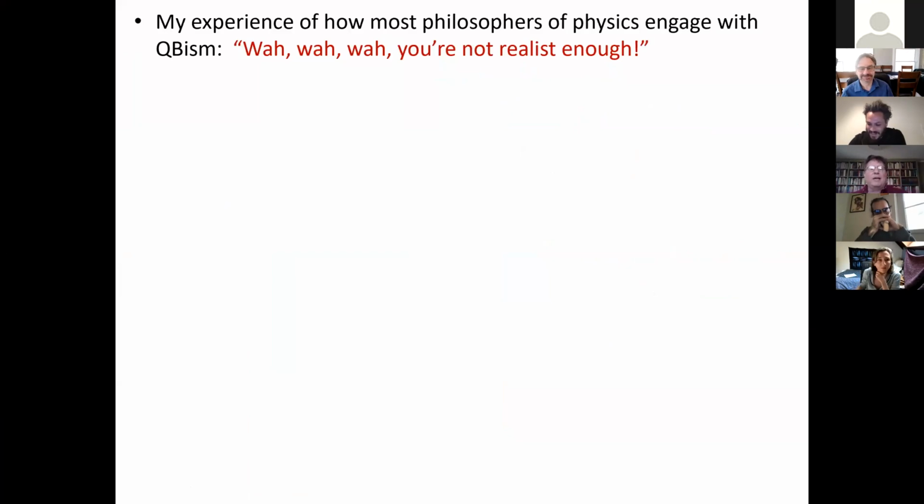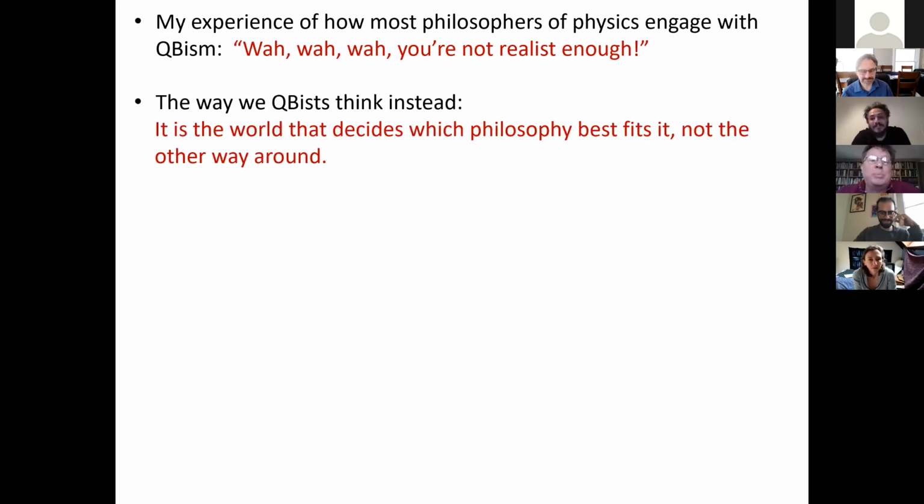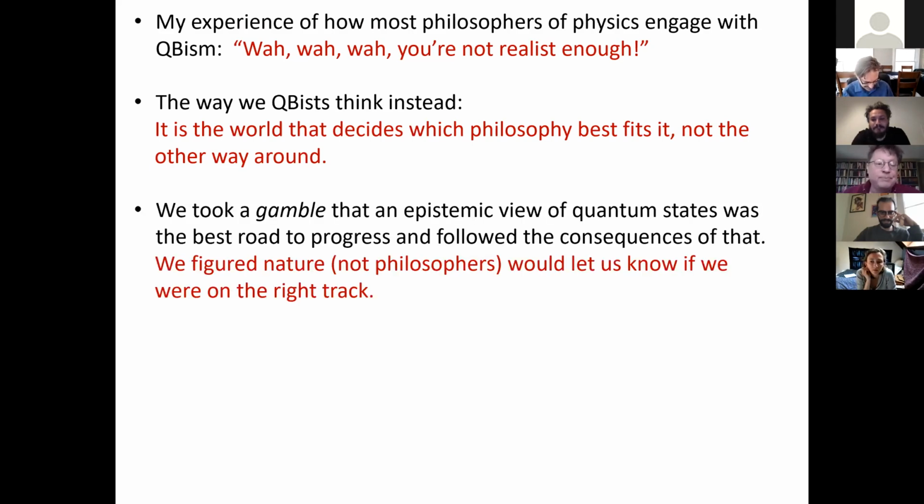If I were to characterize the experience I've had with philosophers of physics, and I emphasize philosophers of physics, not necessarily pragmatists or phenomenologists, over the last 20, 25 years, it would be that their reaction is, you're not realist enough for us. The way QBists think instead is that it is the world that decides which philosophy best fits it, not the other way around.